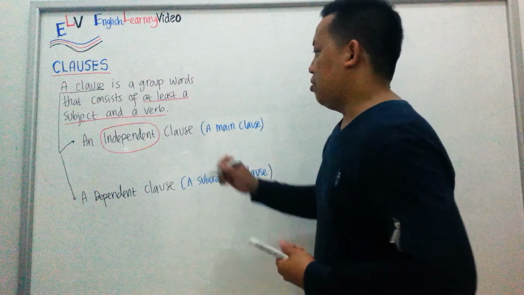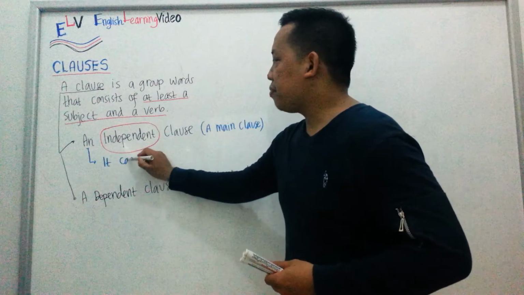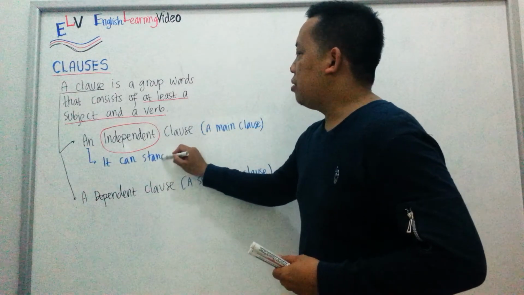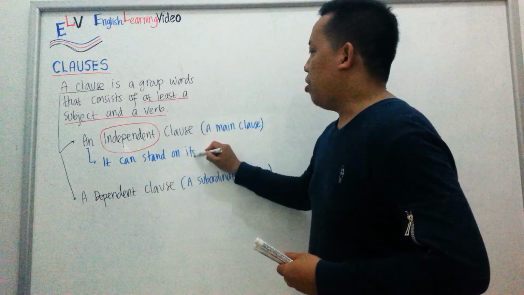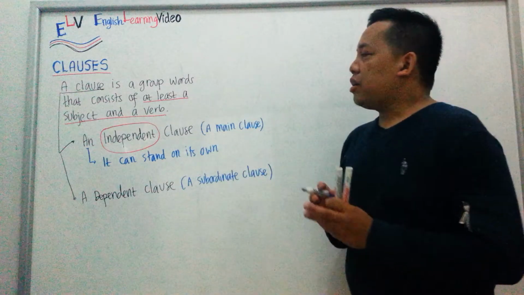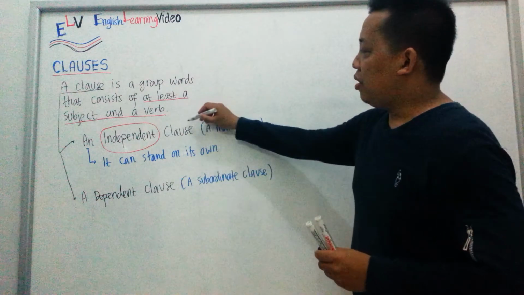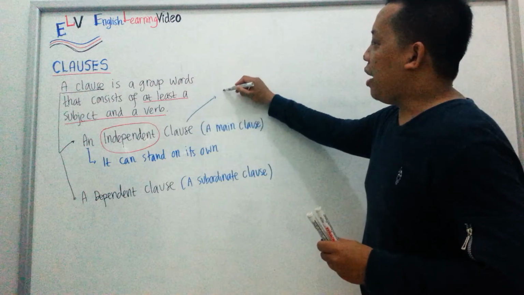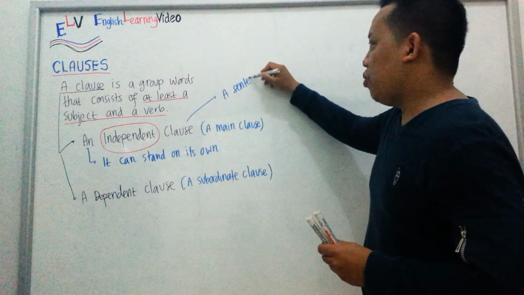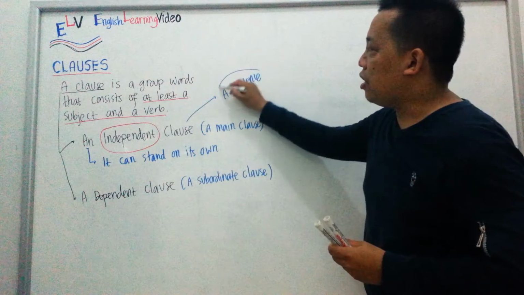It can stand alone, or it can stand on its own. Okay? Because it can stand on its own, an independent clause is also called a sentence. So in other words, we can say that an independent clause can also be called a sentence.